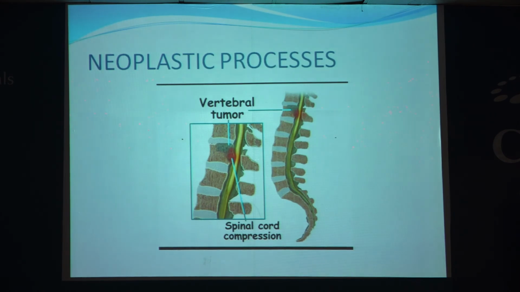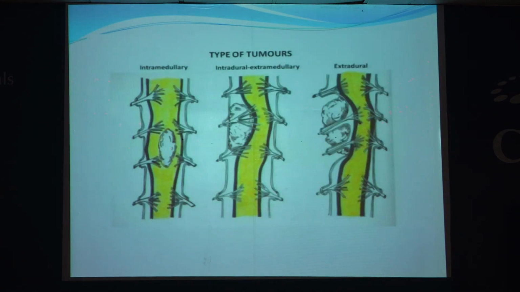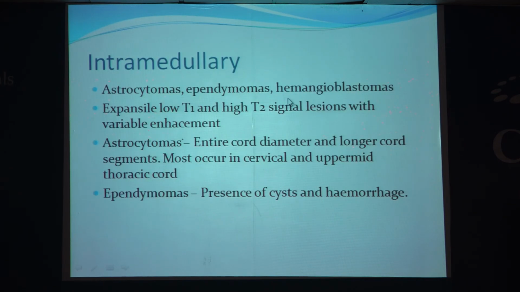Neoplastic processes that can compress the cord can be divided depending on the location as intramedullary, intradural extramedullary and extradural. Coming to intramedullary, the most common will be astrocytomas, ependymomas and hemangioblastomas.